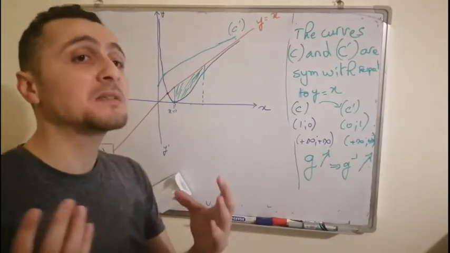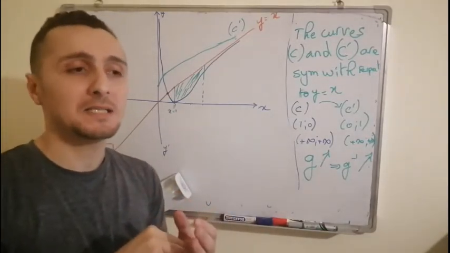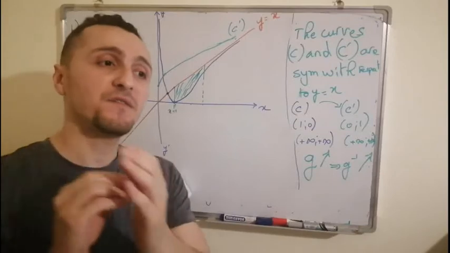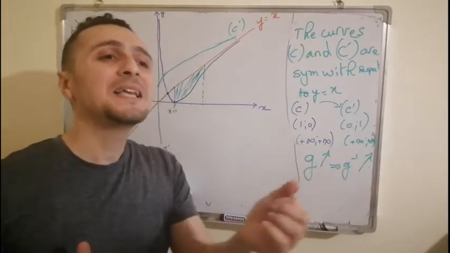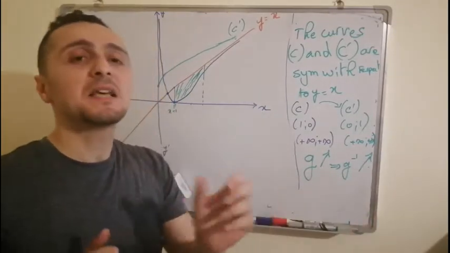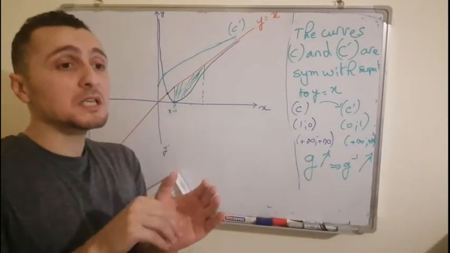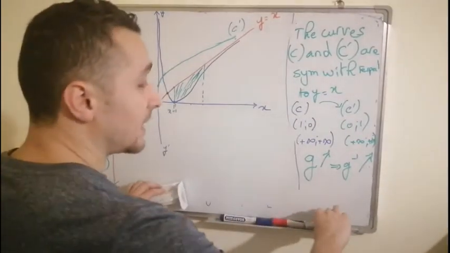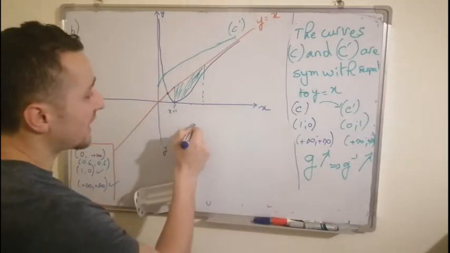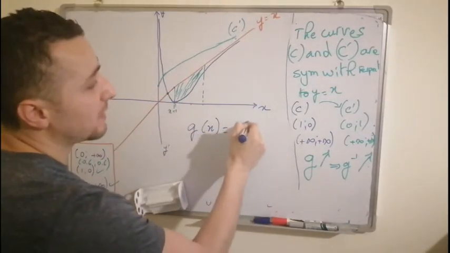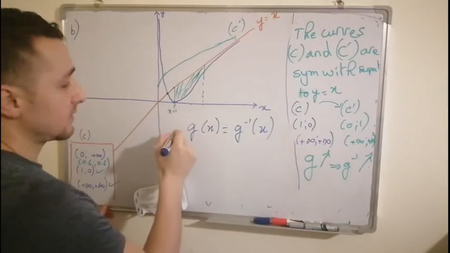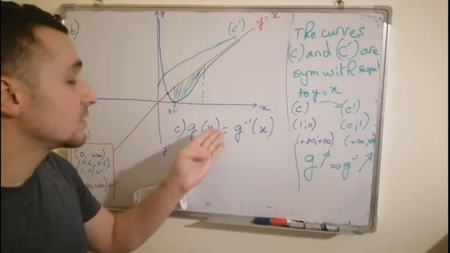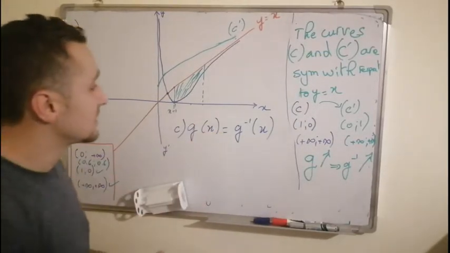Since these two curves are symmetric with respect to the straight line y equals x, if we have a point of abscissa 2 and ordinate 5 on the curve of the function, the corresponding point belonging to the inverse is (5, 2). So if they intersect, the abscissa and the ordinate are the same. To find g of x equals g minus 1 of x, we have many methods to find the solution.